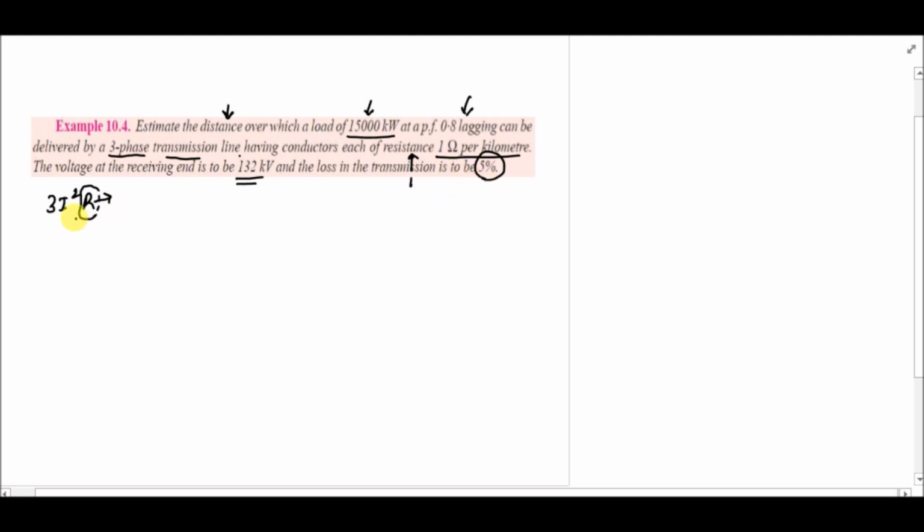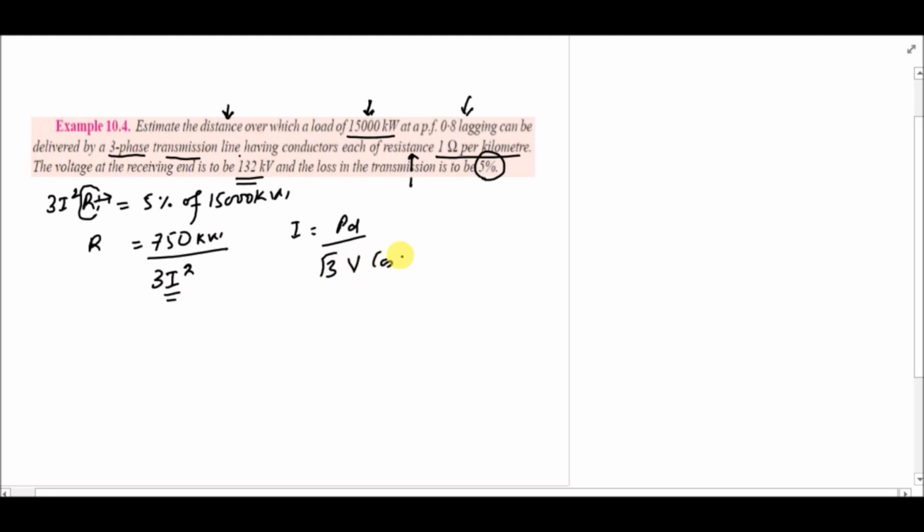It means that these losses should be equal to 5% of 15,000 kilowatt, which is equal to 750 kilowatt, and this R will be on this side of equality, and 3I square. Now in order to calculate this current, we know that this is the load power, and I value is equal to P delivered over under root 3 V cos theta.